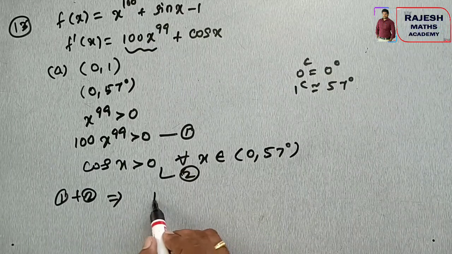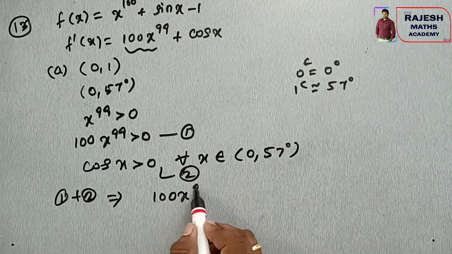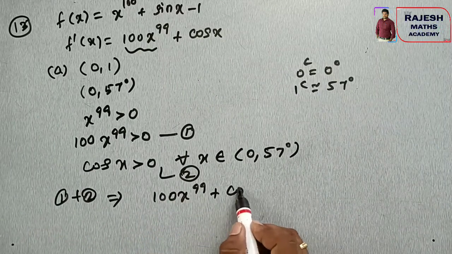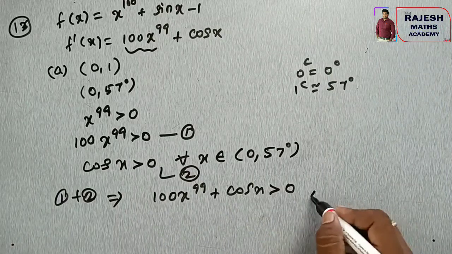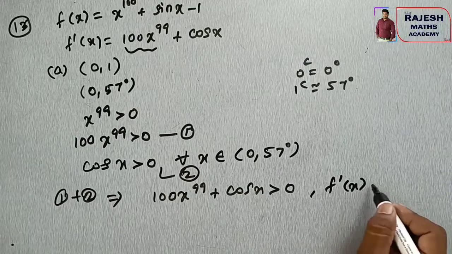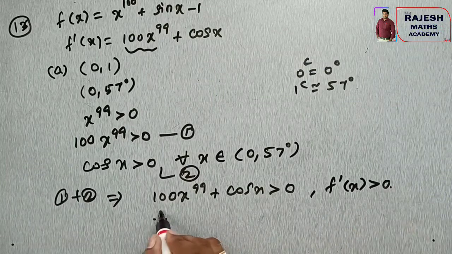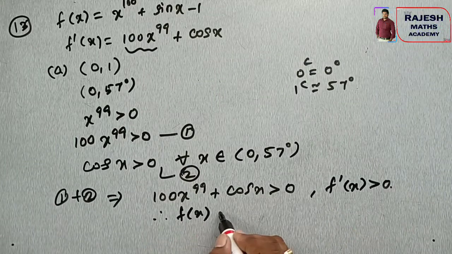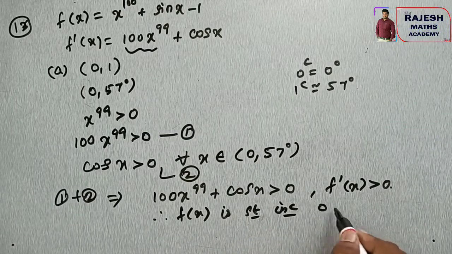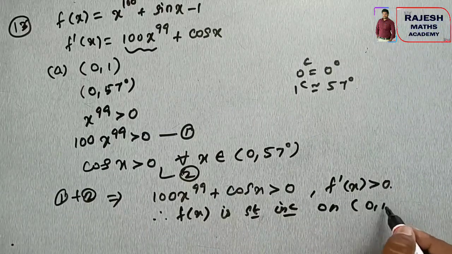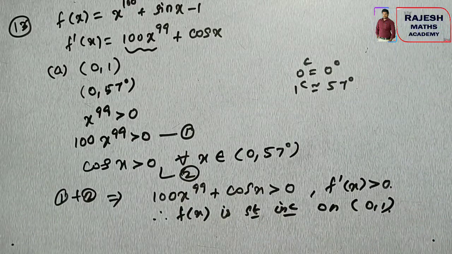Adding 1 and 2, we get 100 x power 99 plus cos x greater than 0, which is nothing but f dash of x. So f dash of x greater than 0 means f of x is strictly increasing on the interval 0 to 1. Clear?